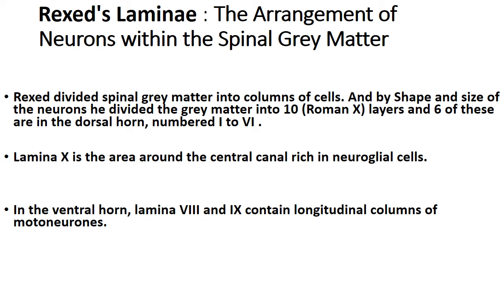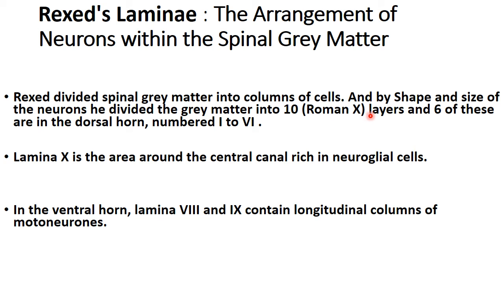So the gray matter is divided into 10 layers, named after Rexed, the Rexed laminae. Rexed divided the spinal gray matter according to the size and shape of the neurons.